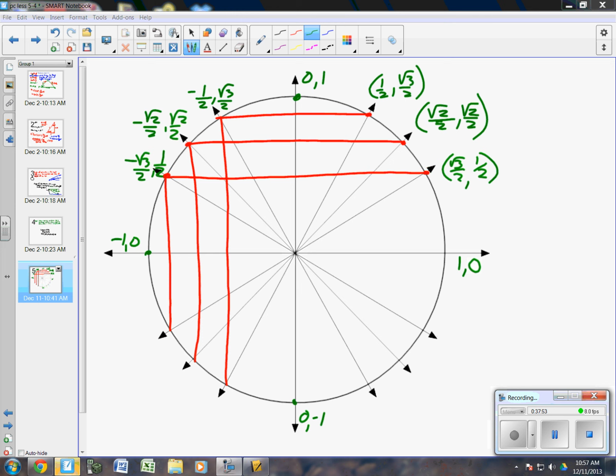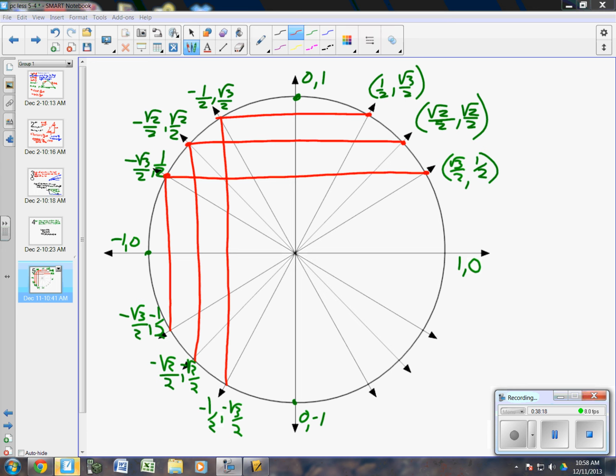So this one's negative root 3/2, comma negative 1/2. Negative root 2/2, comma negative root 2/2. This one right here is negative 1/2, comma negative root 3/2. It's just that same thing.